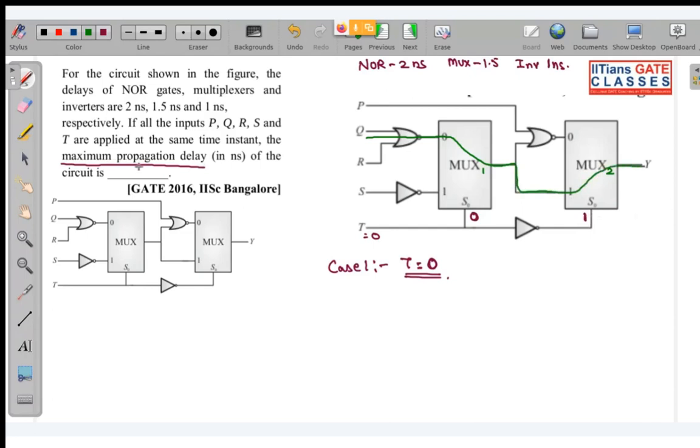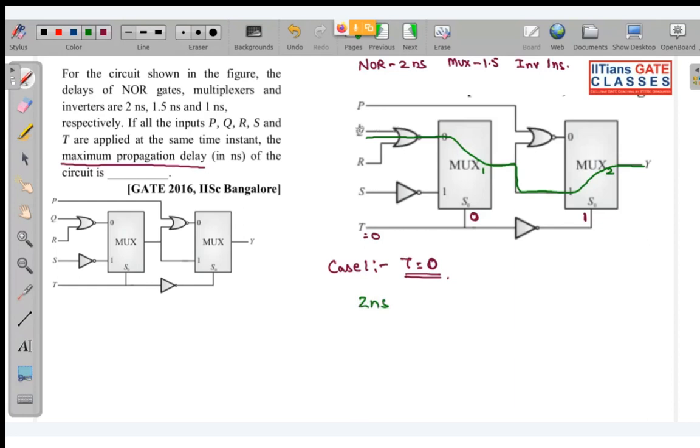Now here it is asked maximum propagation delay. Maximum propagation delay means each of the elements suffers from delay. Look over here very carefully. The NOR gate has a propagation delay of 2 nanoseconds.